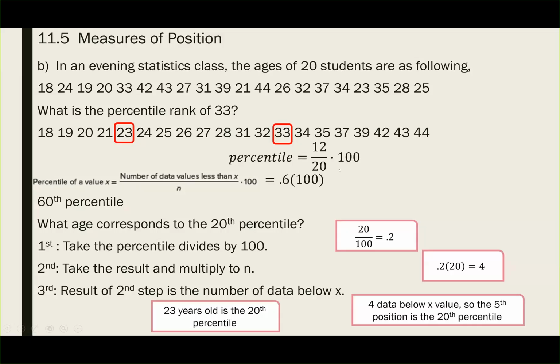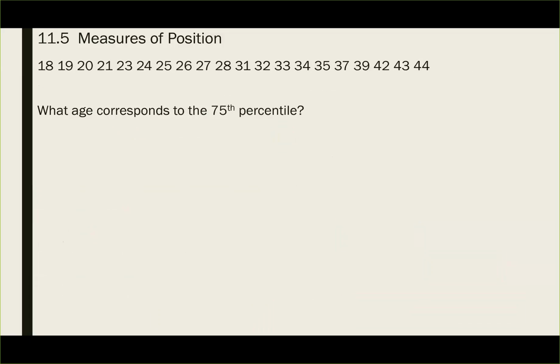Okay? So let's take a look at another one here, and then I will see if you guys have questions with this item. Same data we had before. It's just that now they ask you what is the age corresponding to the 75th percentile, right?